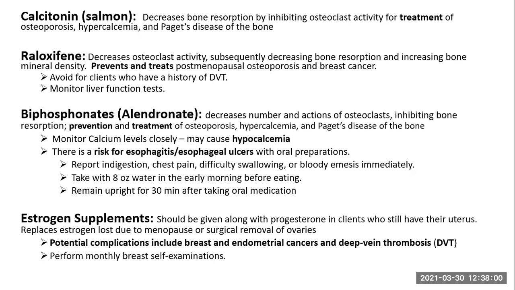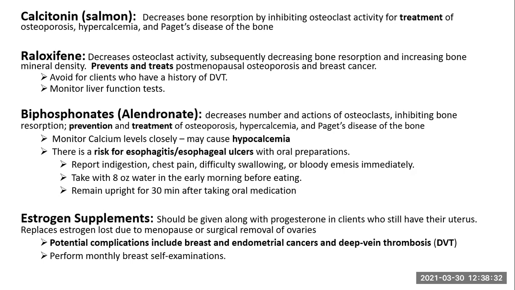And therefore, when bone is broken down or resorption occurs, calcium is released into the extracellular fluid. So it decreases our calcium levels if we're decreasing the rate of resorption.